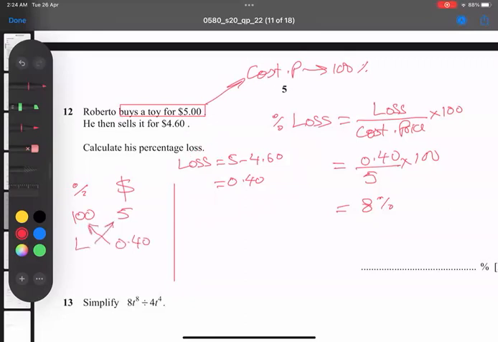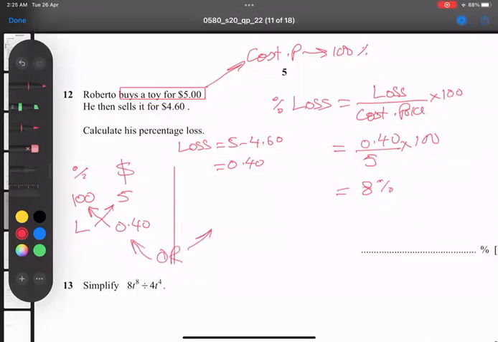Cross multiply and you will get the same answer. Look, it is the same technique. So there are two techniques: use this way or this way.